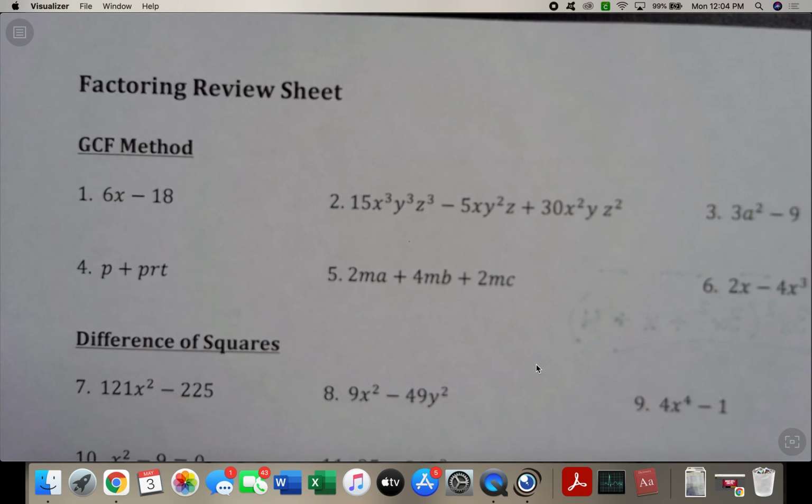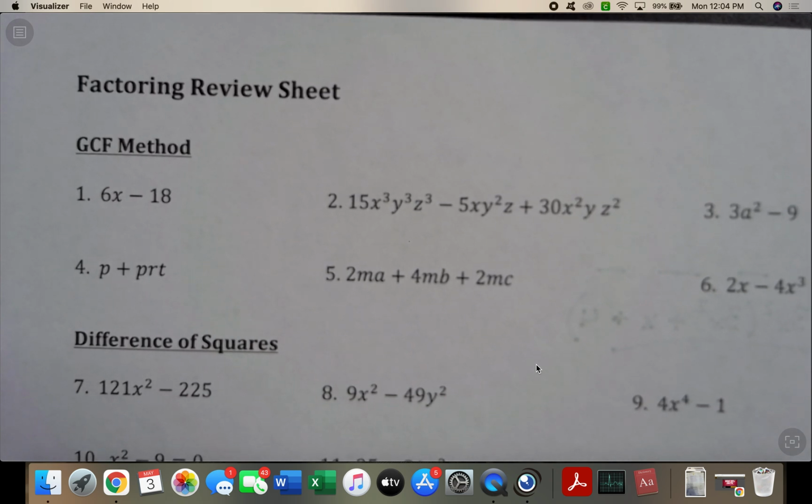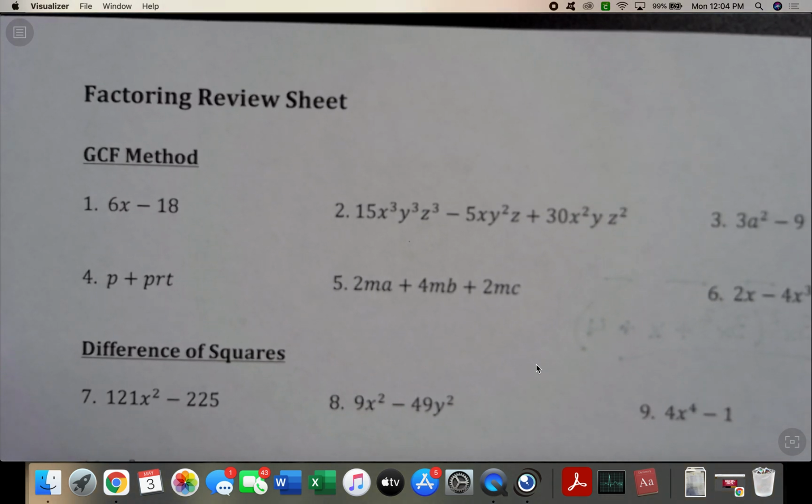You could add exponents. That's what you're pulling out? No, you take the smallest x, the smallest. Yeah. Is this right? Yeah. For number 4, if you take T out, and then there's nothing left, is it just 1? You have to put 1. Yes, correct.